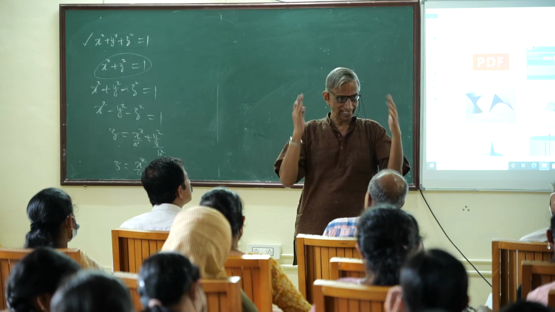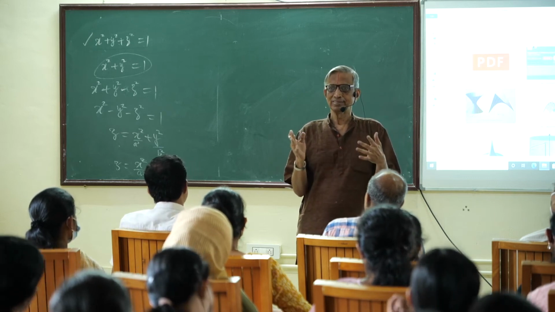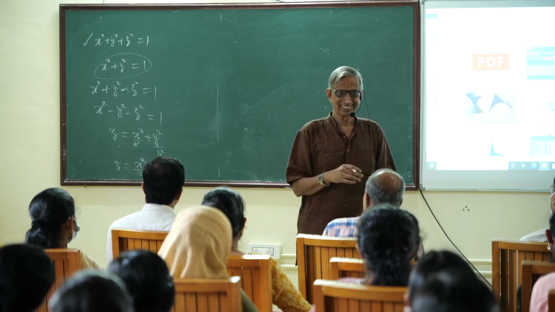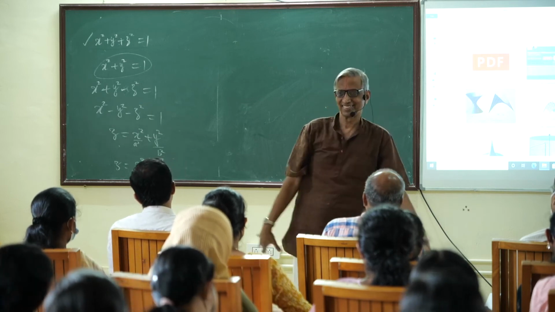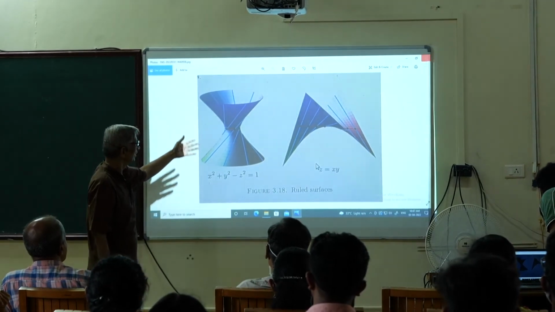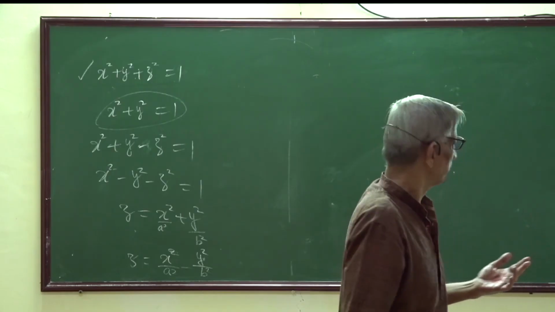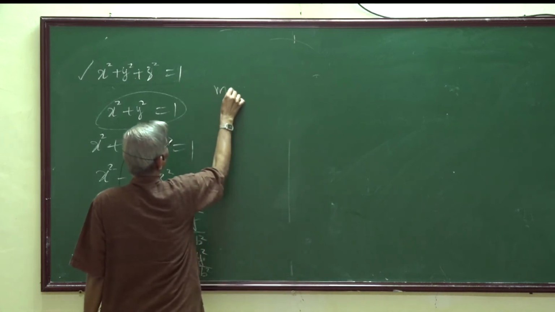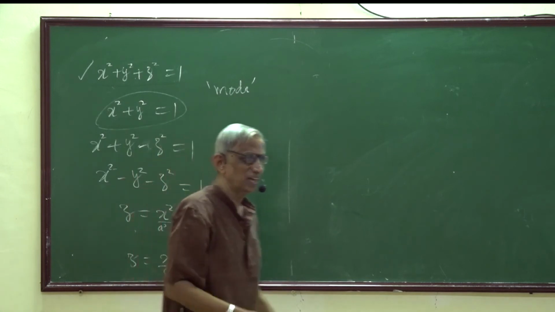A one-sheeted hyperboloid is connected, right? A two-sheeted hyperboloid is not connected. It has two connected components. One like this, the other like this, right? This is a two-sheeted one. This is a one-sheeted hyperboloid here. If you know what this is, we call it moda.